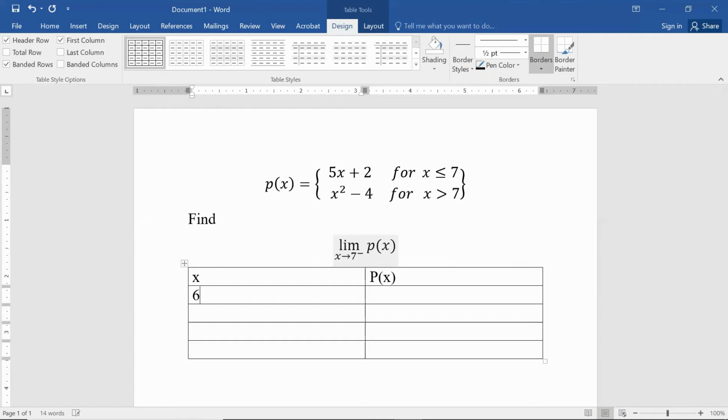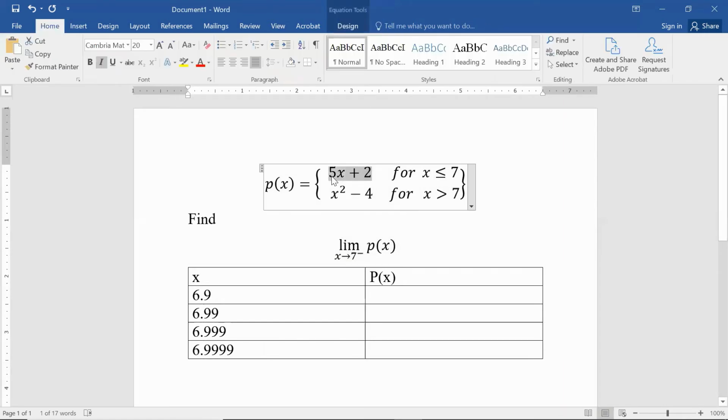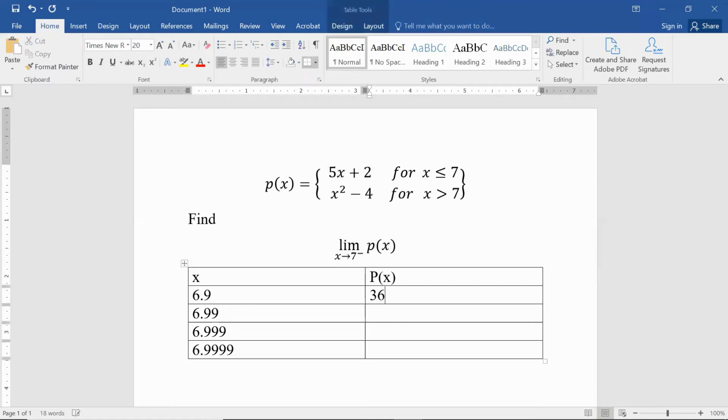So I'd plug in 6.9, 6.99, 6.999, 6.9999. Now, each time you plug that in, because you are underneath 7, you're going to have to use the 5x plus 2. So we take 5 times our 6.9 plus 2. That gives us an output value of 36.5.